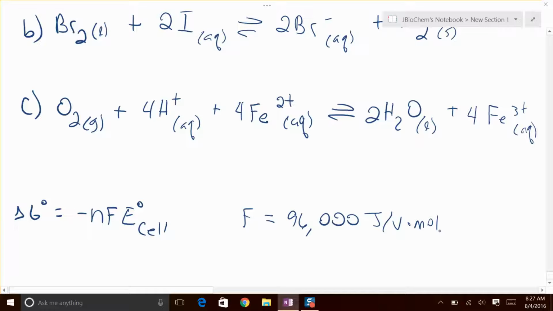What's that? The equation for K? This is the ones we were just using. Okay.